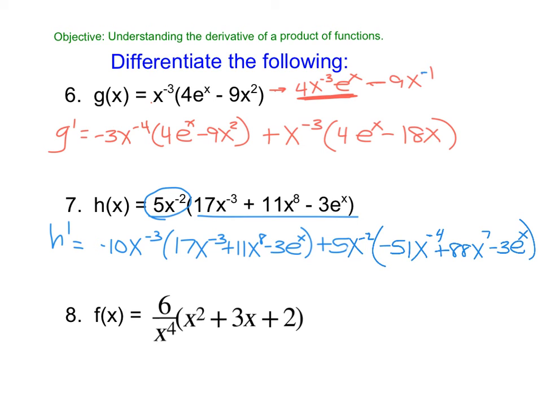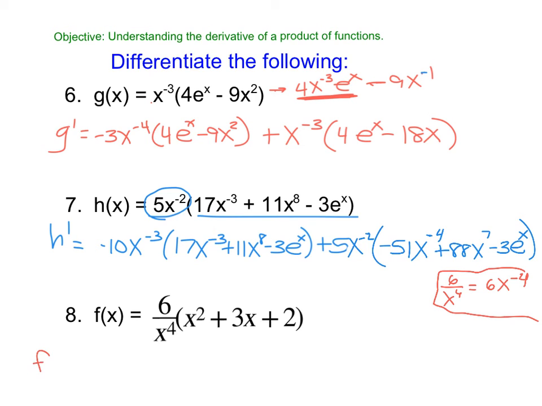Okay, so sometimes on the side, when you're first learning these, you might want to rewrite 6 over x to the 4th. So 6 over x to the 4th is 6x to the negative 4th. So maybe go through and do the whole thing with that first.